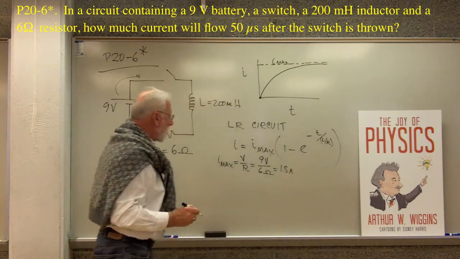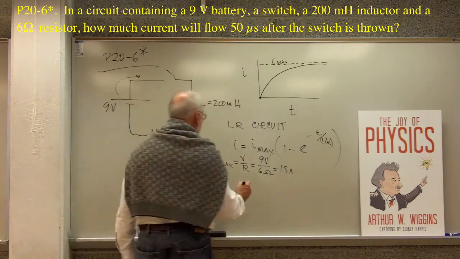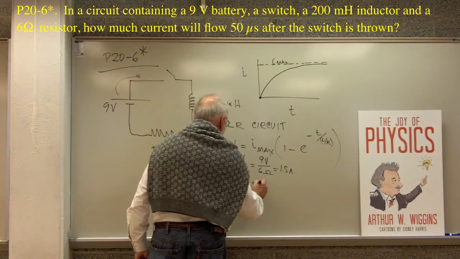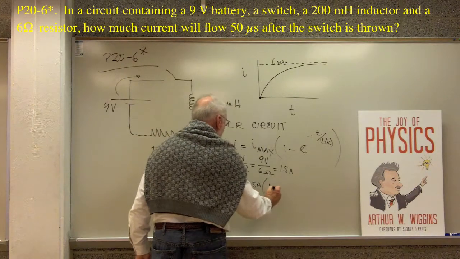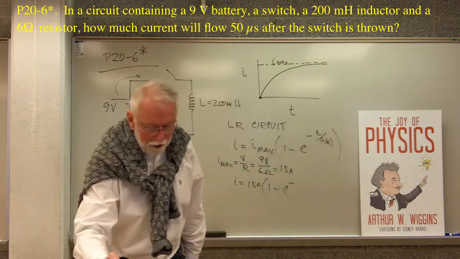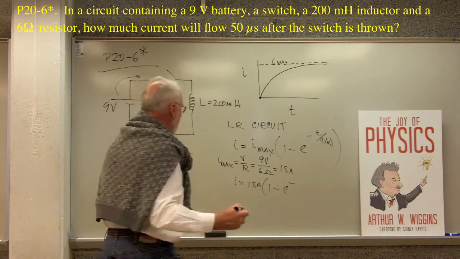So that's Imax. So now we can put that all in and say I equals this 1.5 amps multiplied by 1 minus e to the minus. Now it says t here is 50 microseconds.